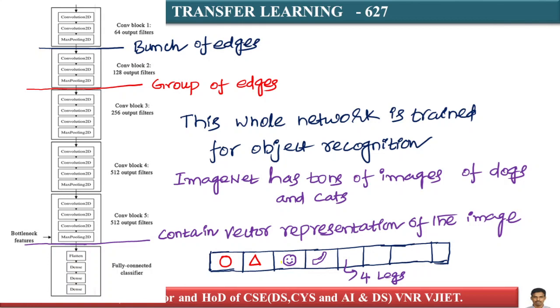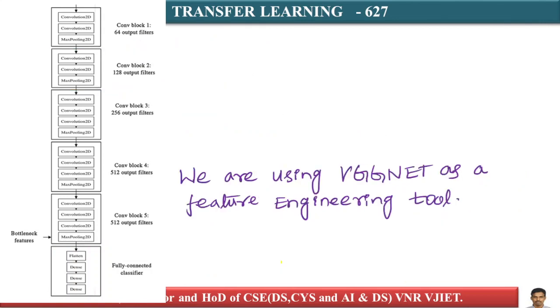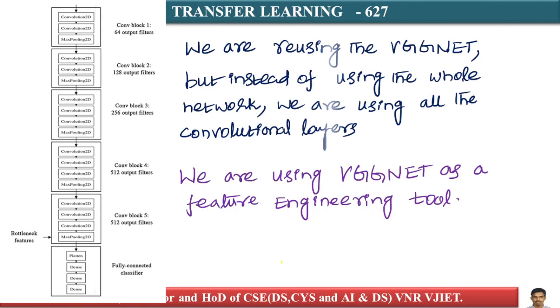So what we are doing here is reusing VGG net, but instead of using the whole network, we are using all the convolutional layers.